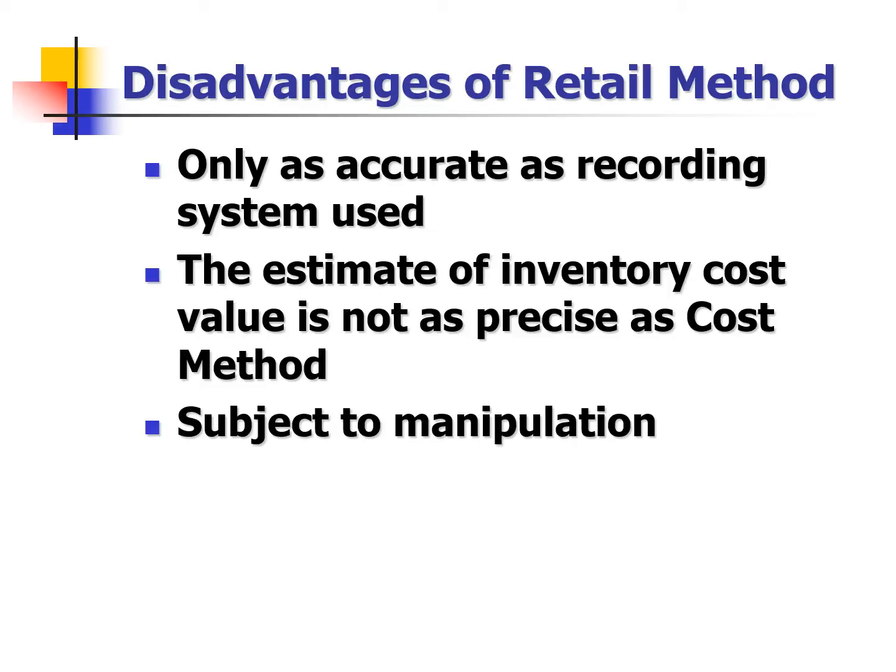We do make an estimation based on our cumulative markup percent, but that estimated cost value may not be as accurate as the cost value of the inventory if we had kept track of all the inventory only at their cost value all the time, right? So we will always be able to estimate the inventory at the cost value even if we take the retail method of inventory, but it's only an estimation. It's not going to be as precise as the real cost.